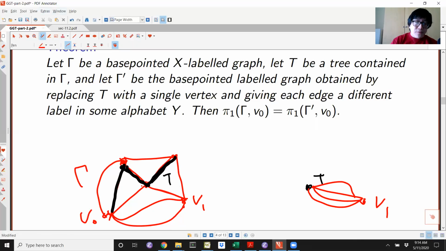And let's see, how many edges are there from the tree T to itself? There's 1, 2, 3. Yep, they go from T to itself, and so this is, up to graph isomorphism, what we get when we collapse the entire tree into a single point.